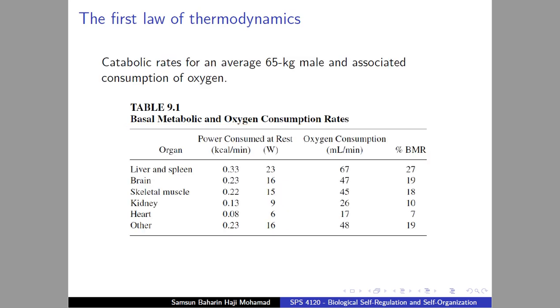Okay, so these are the catabolic rate of an average 65 kg male and the consumption of oxygen. These are the power consumption of our organs, and these are the power consumed at rest. You can see that the oxygen consumption is 67, 48, and others, with the percentage of the body mass ratio.